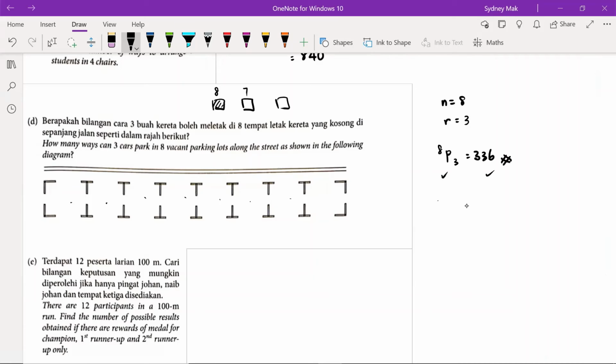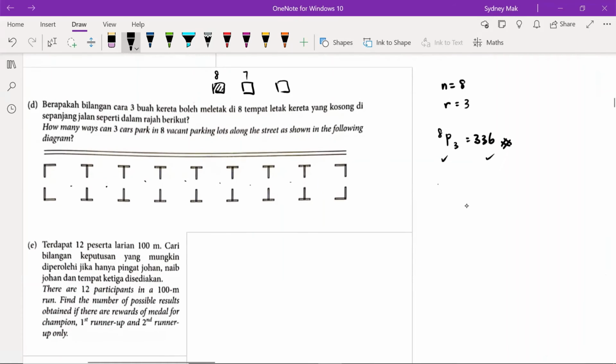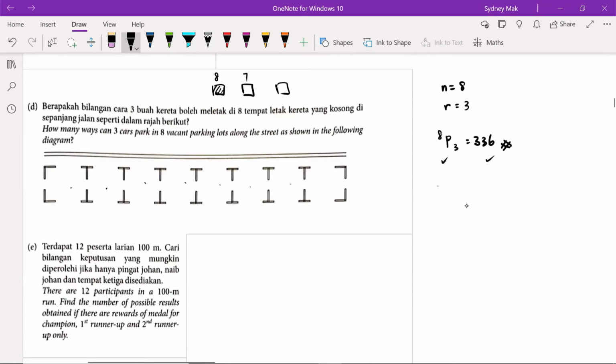Now, next, part E. There are 12 participants in a 100-meter run. Find the number of possible results obtained if there are rewards of medals for the champion, first runner-up, and second runner-up only. So we have 3 positions to fill in.